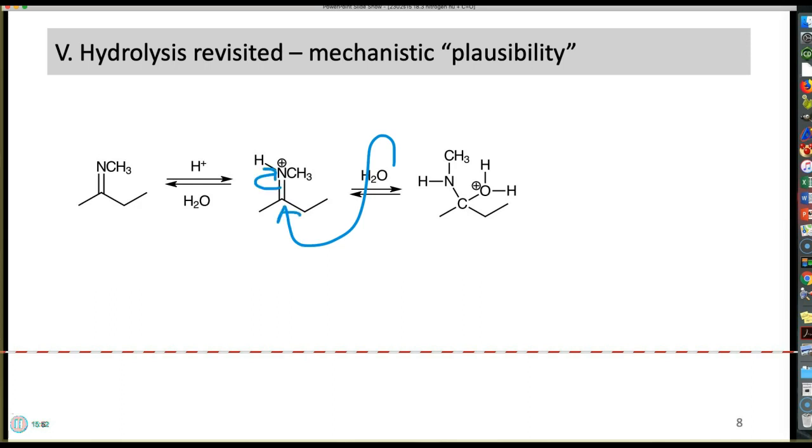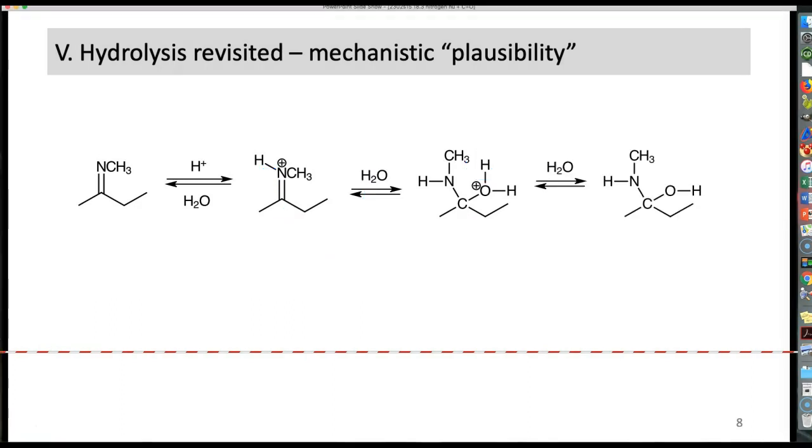We get this charged intermediate. What's going to happen next? Well, certainly we're going to deprotonate, most likely, our very strong proton donor, a strong acid. So let's do that. Take our water, and now we have this neutral intermediate, and then what next?